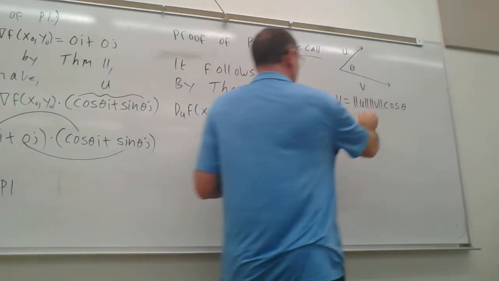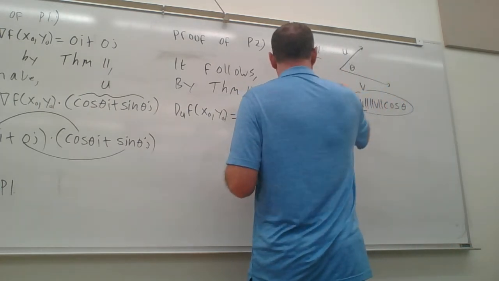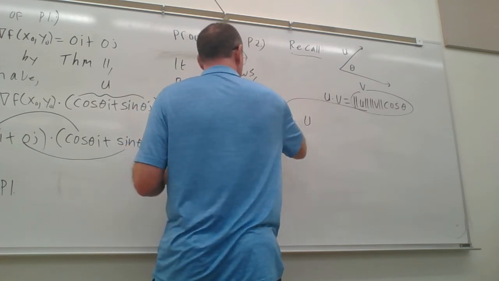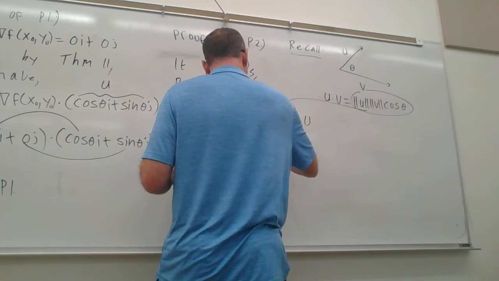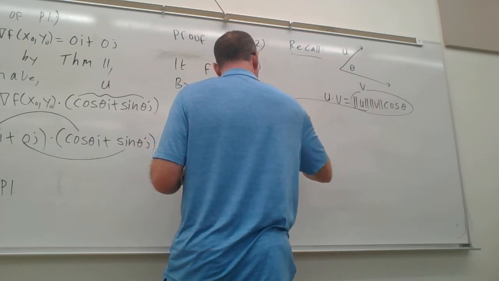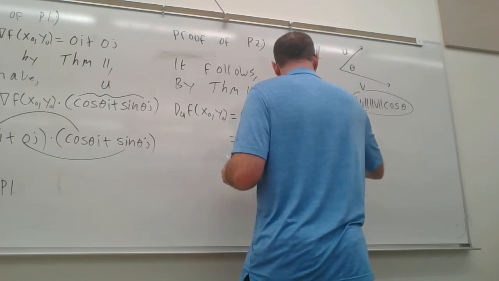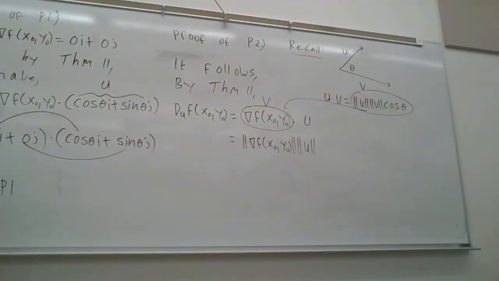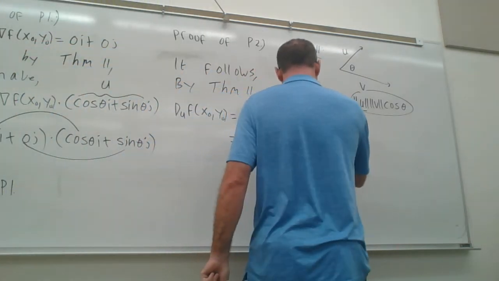So applying this to this one here, the u would be the u, and you can think of the gradient as the v. This would be then the magnitude of the gradient times the magnitude of u. But our u, by definition, is a unit vector, so this is equal to 1.